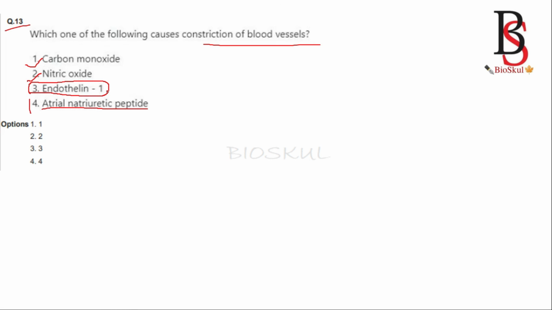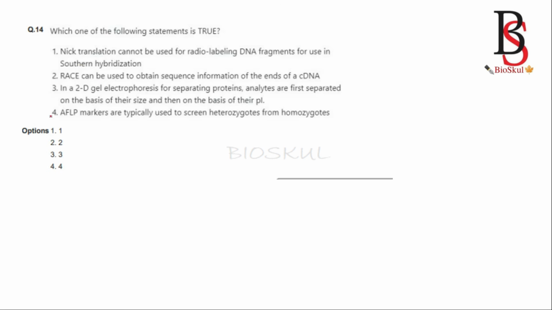Even if you don't know the function of endothelin 1, you will be able to answer this question, because we very well know that carbon monoxide, nitric oxide and atrial natriuretic peptide cause the dilation of blood vessels. So the one that causes constriction is endothelin 1. Option 3 is the correct answer.